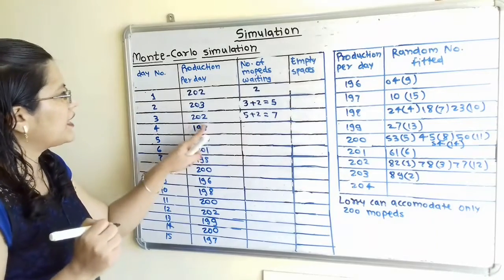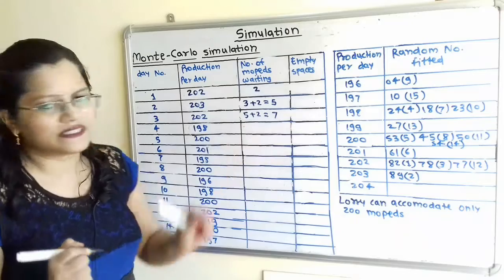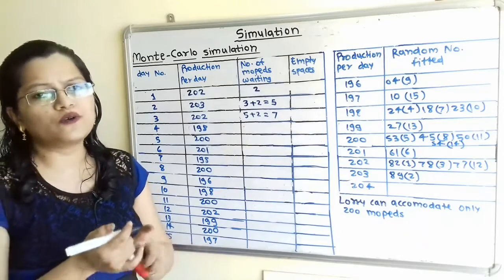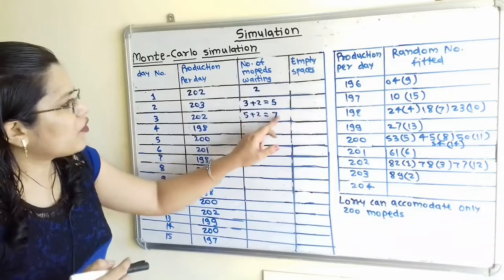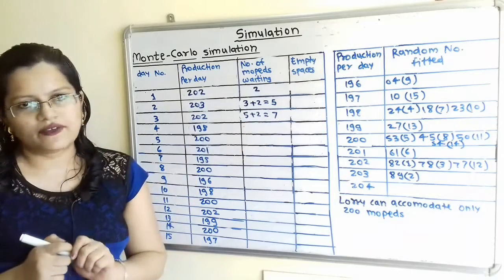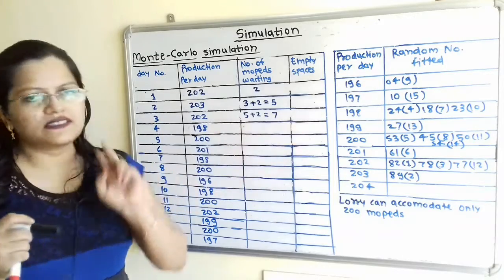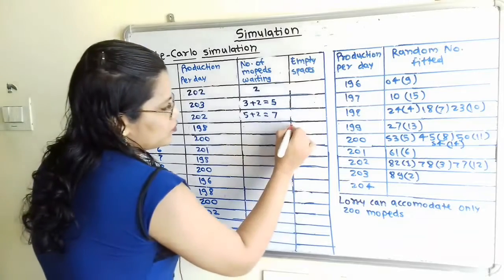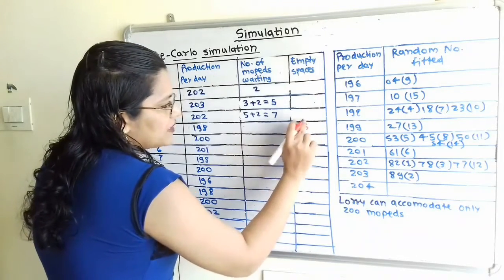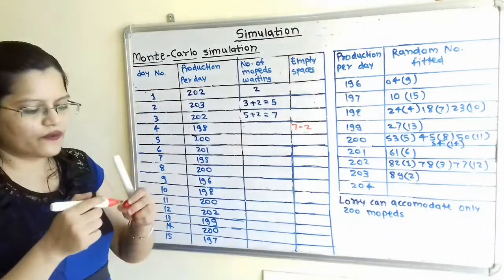Then here 198 production is there. So here 2 empty spaces. How to write this? Because the previous 7 mopeds are waiting, and for the fourth day the empty spaces equal 2, we can write 7 minus 2. So 7 minus 2 means 5 mopeds waiting.